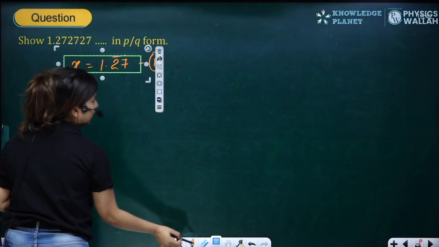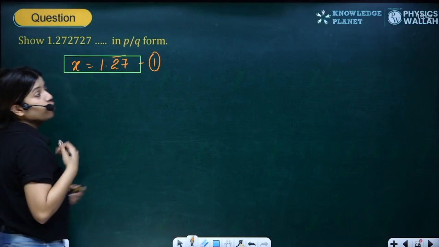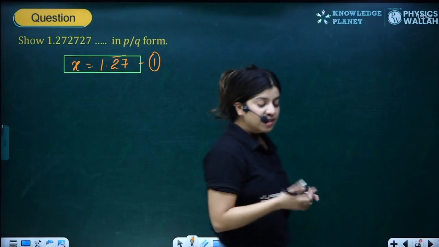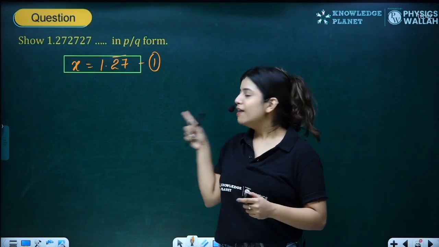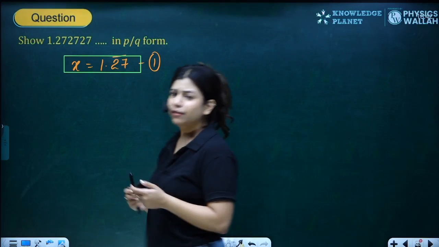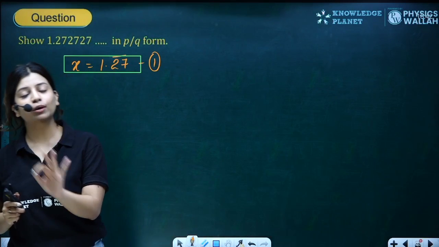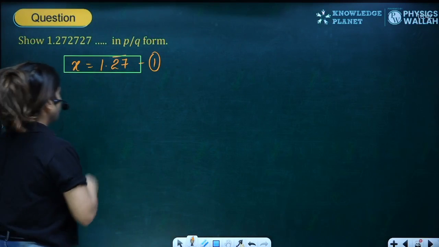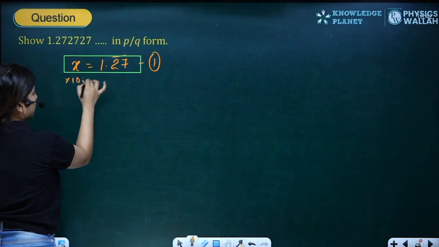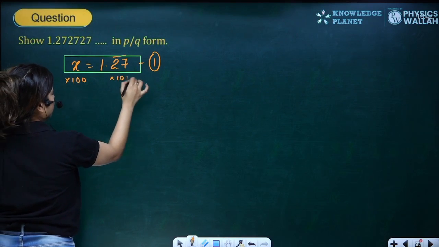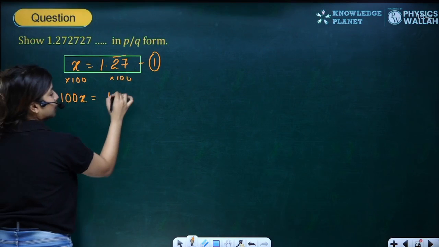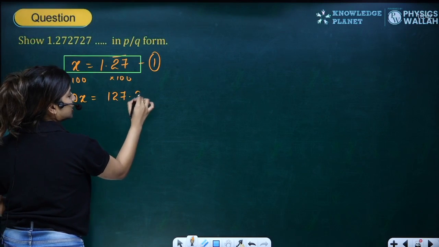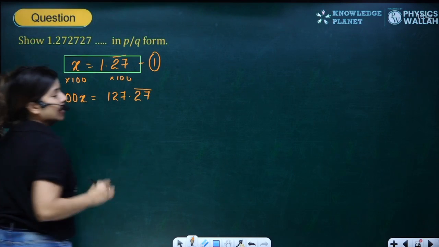Right, for the next step we have to multiply both sides of this equation by 10 raised to the number of digits having a bar on it. Having seen this 1.27, we can say that 2 and 7 both have a bar on them, that is 2 digits. So I can multiply both sides by 100. So this will become 100x and this will become 127.27 bar.